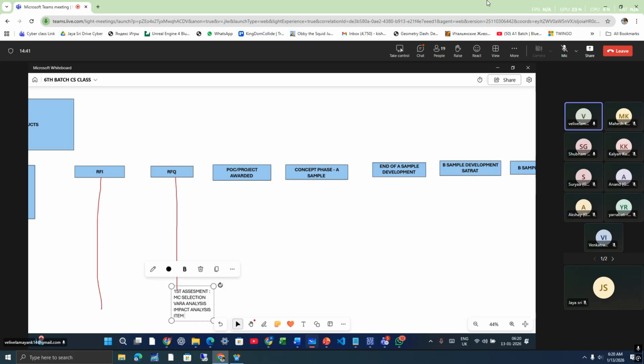Your item is the item definition and a rough architecture of the project, rough system architecture of the project. This is the first time you will do assessment here.